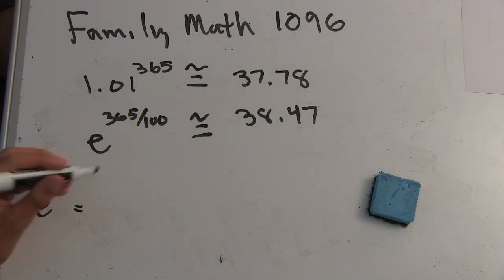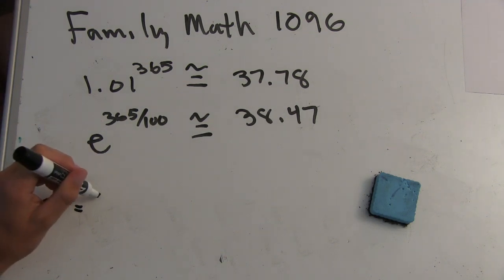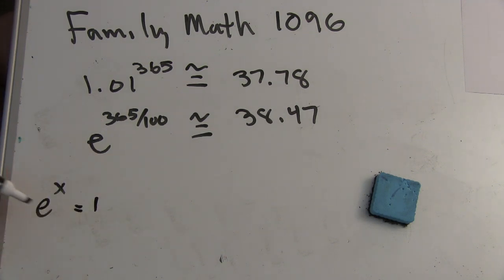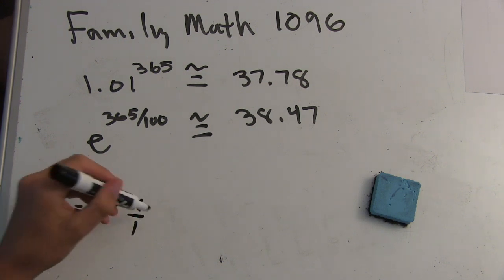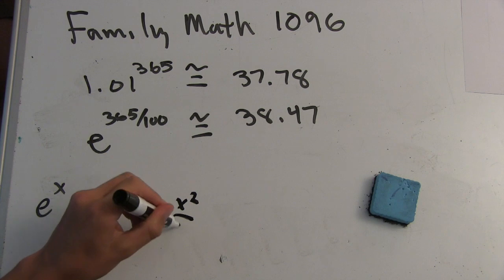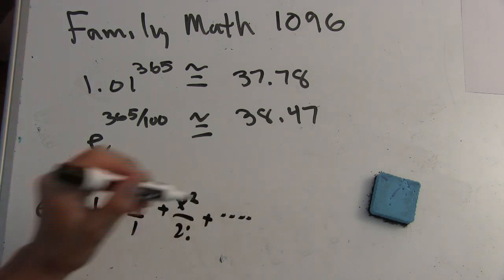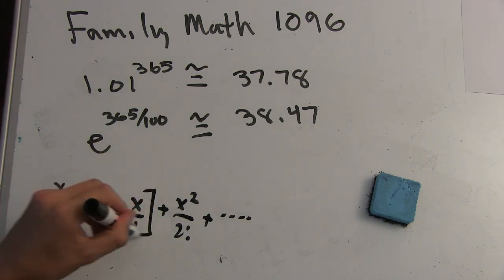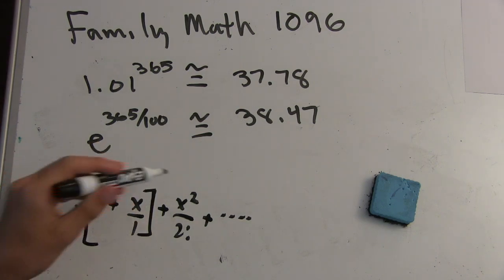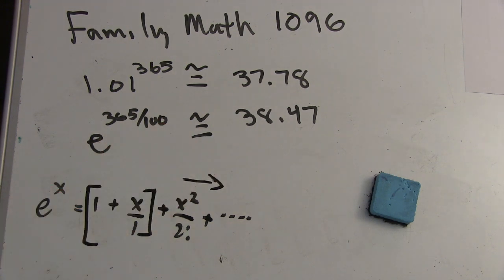So e to the x at 0 is e to the 0 over 0 factorial, plus x over 1 factorial, plus x squared over 2 factorial, plus dot dot dot. So when x is small, we can just approximate it with this, and pretty much anything past here is negligibly small.